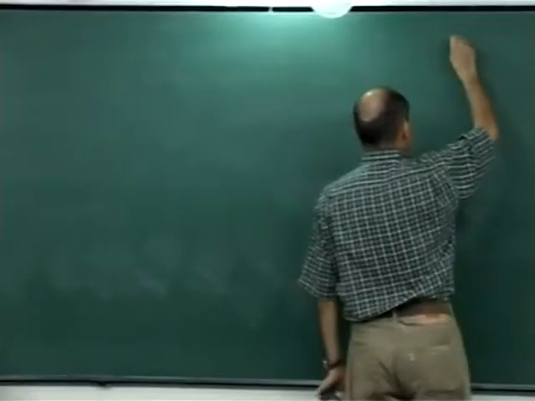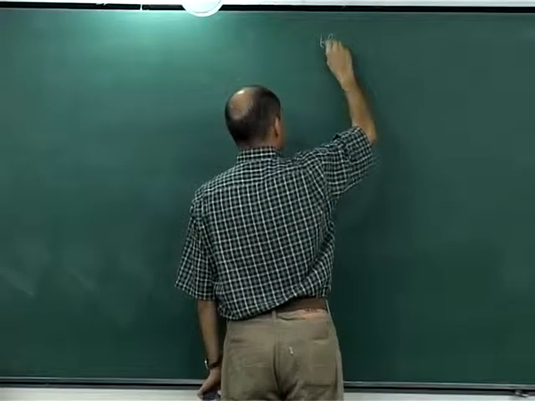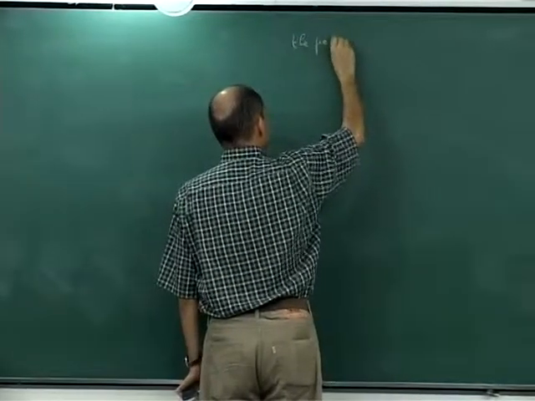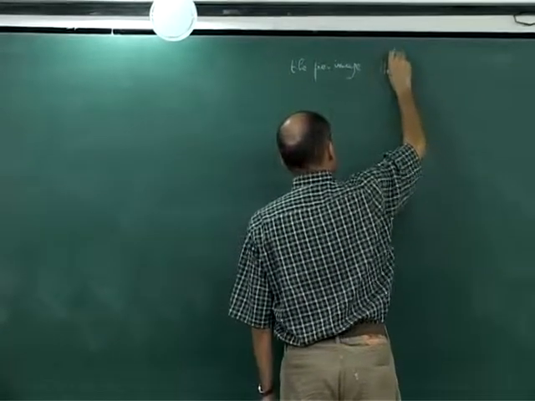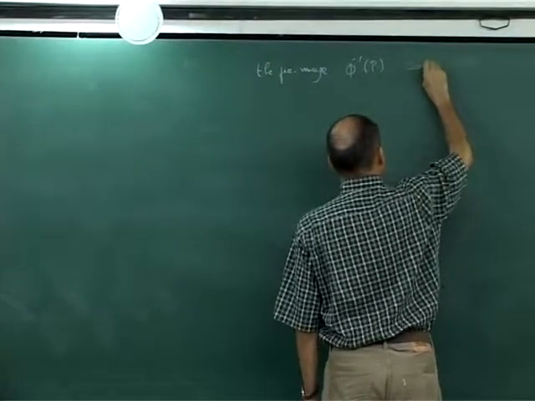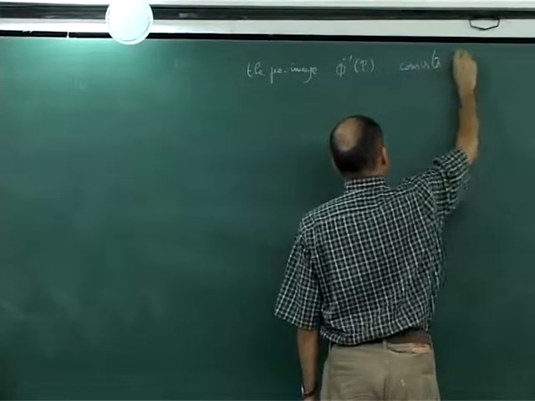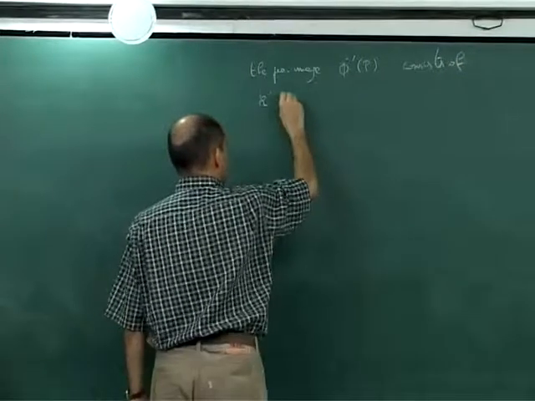So the pre-image P consists of K prime rational points.